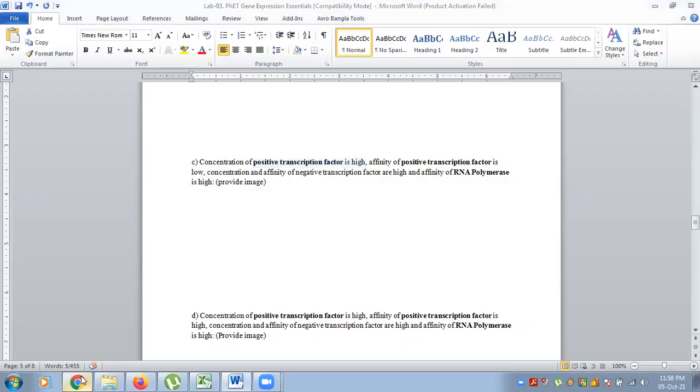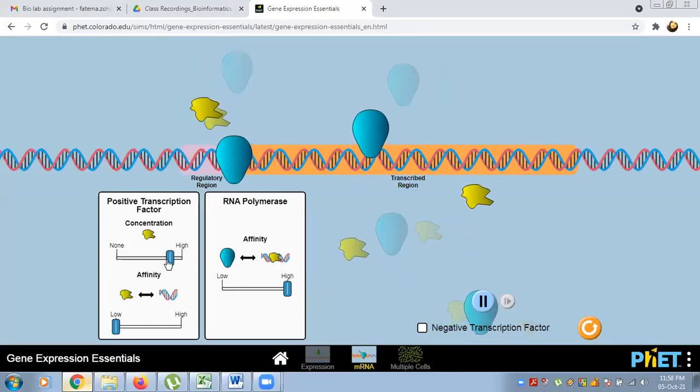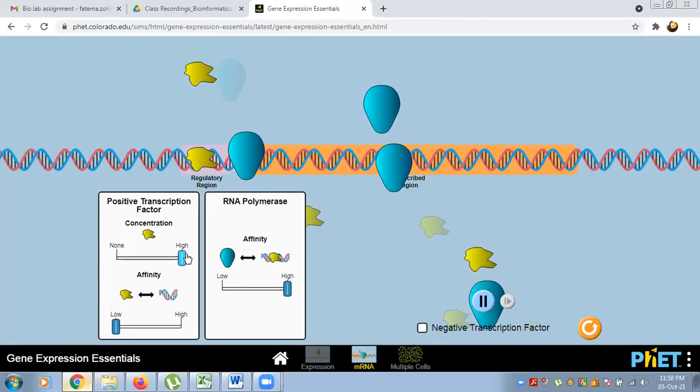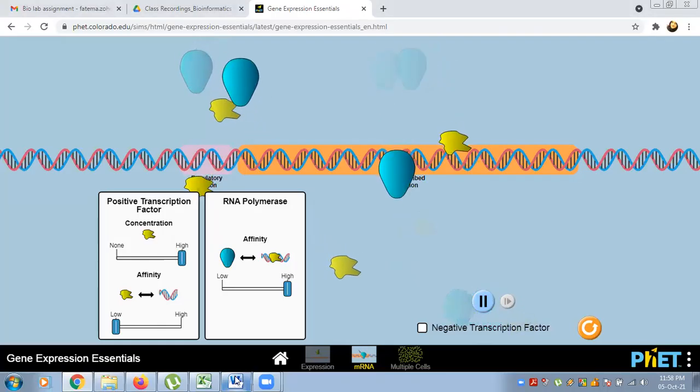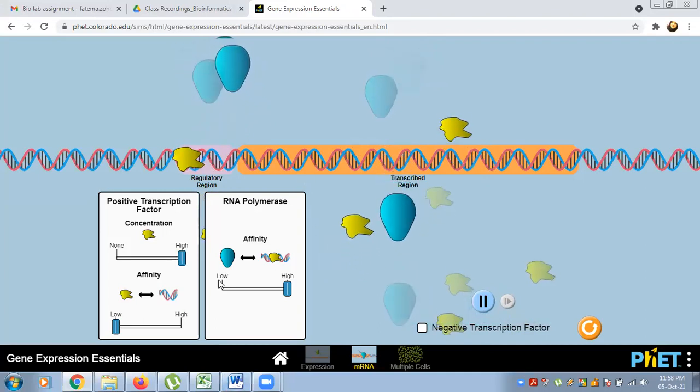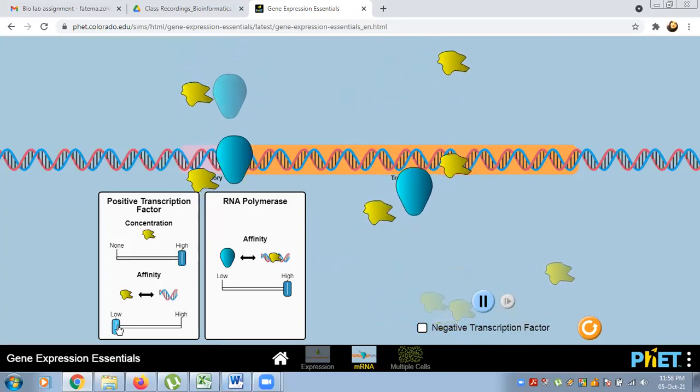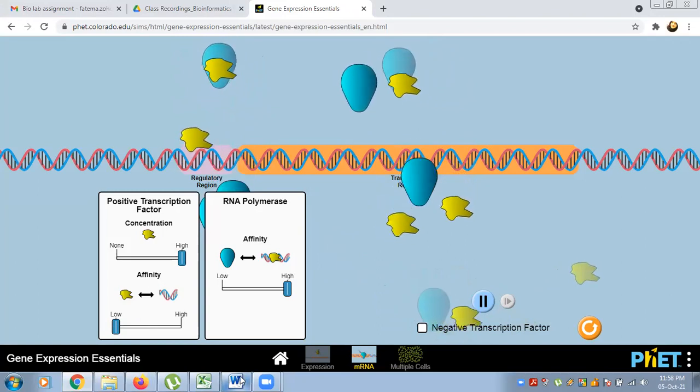So the concentration of positive transcription factor is already high. Okay. Then affinity of positive transcription factor is low. Affinity of positive transcription factor is already low, yes.